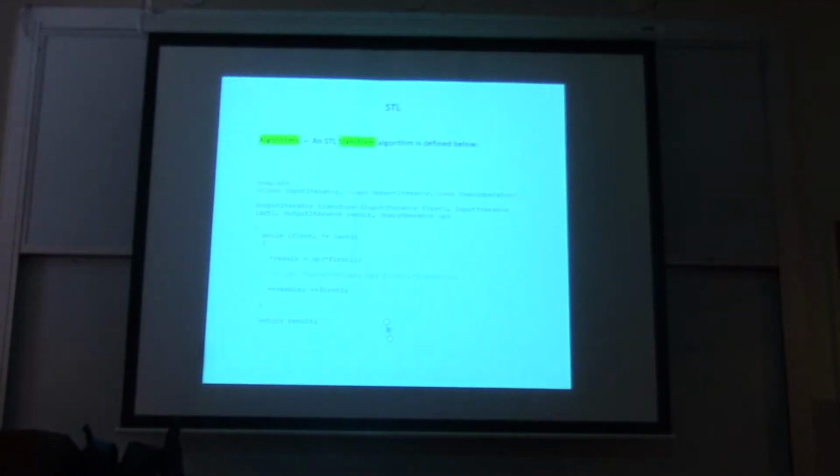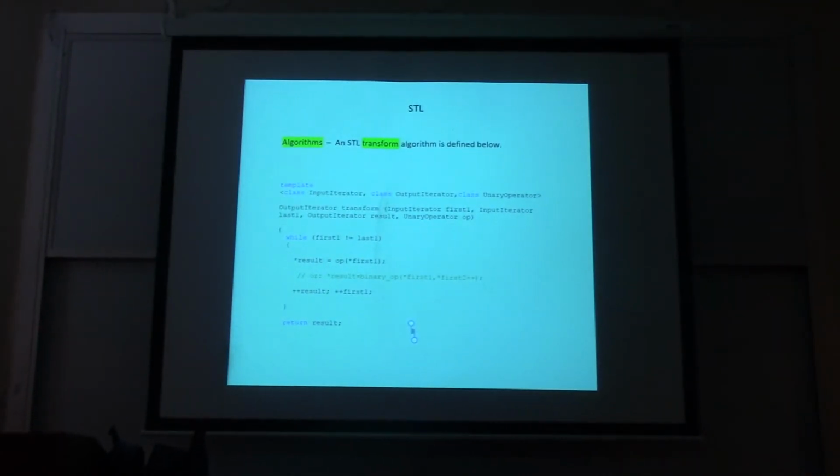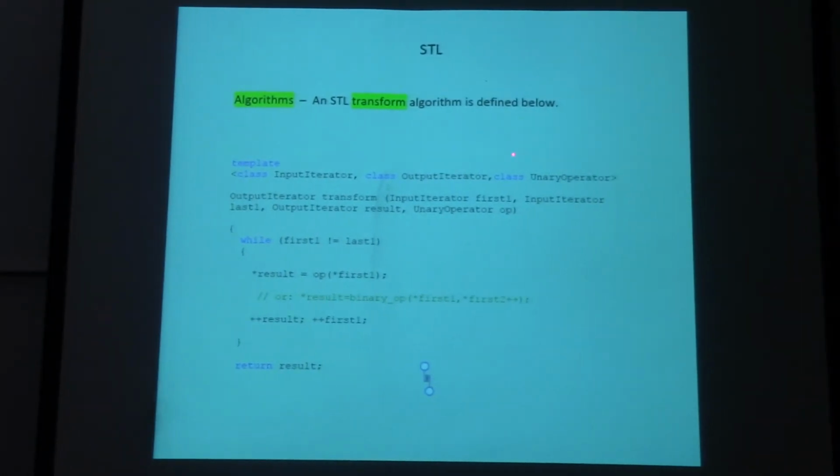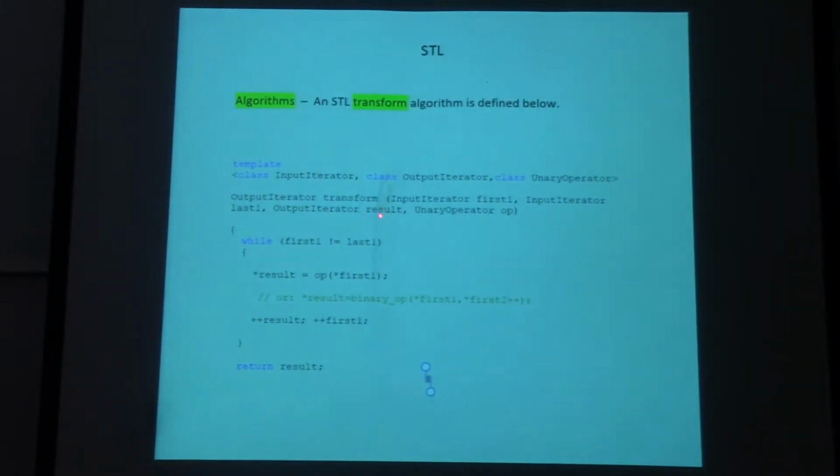So while first is not equal to last, I'm going to say star result. Now what is result? Result is obviously going to have to be a what? A pointer. It's not clear but you can make this a pointer, right? Type whatever you want. So the result is being assigned OP, which is the unary operator of the first element.